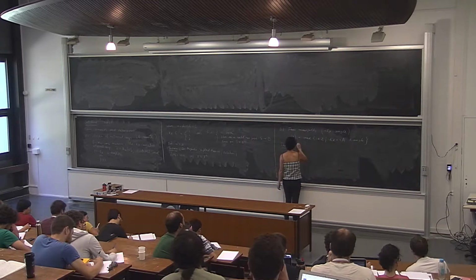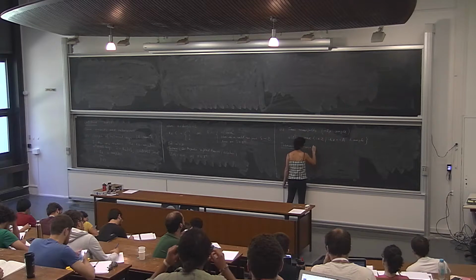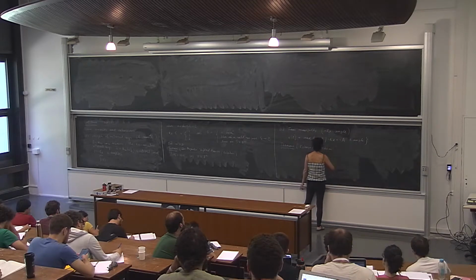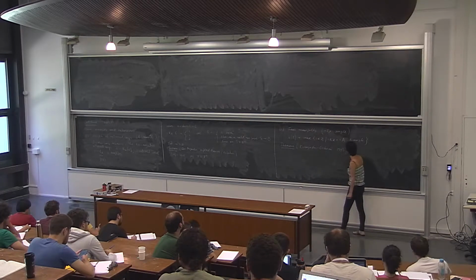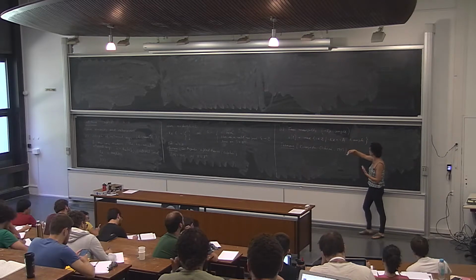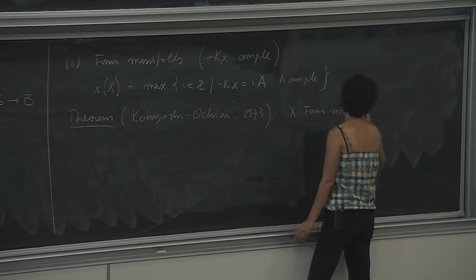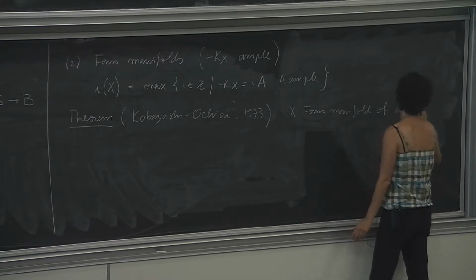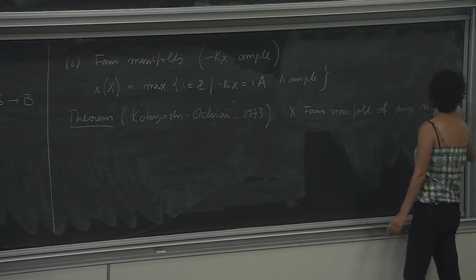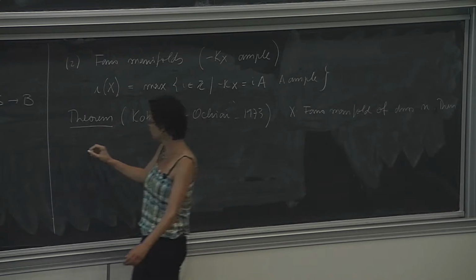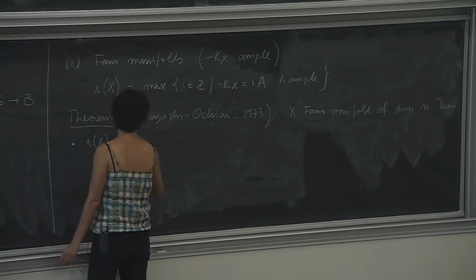The theorem is due to Kobayashi-Ochiai, from '73, and it says that if X is a Fano manifold of dimension n, then the index of the Fano manifold is bounded by n+1.